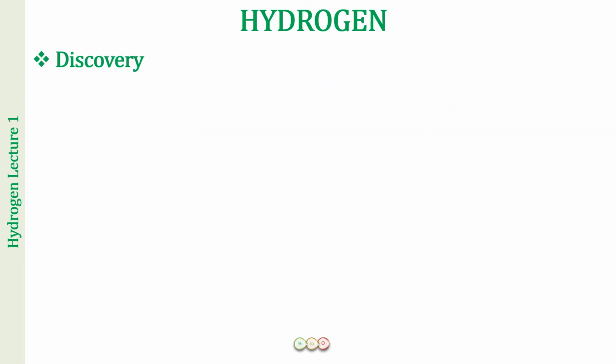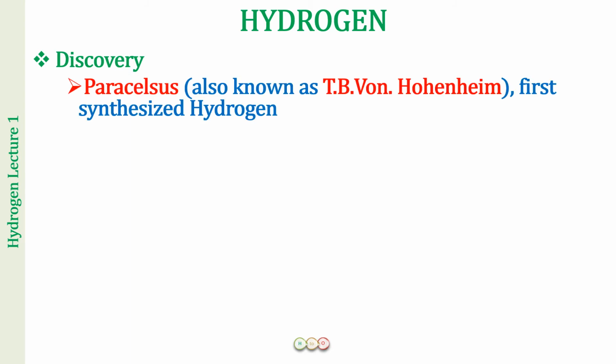Now, as far as the discovery of hydrogen is concerned, it is quite interesting. Hydrogen was first artificially synthesized by the legendary alchemist Paracelsus, who is also known by another name, T.B. von Hohenheim. How he discovered hydrogen is quite an interesting story, and I would like to share it with you so that you remember certain things when told in the form of a story.